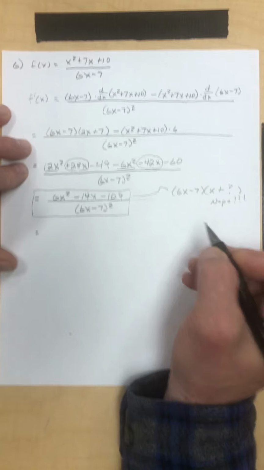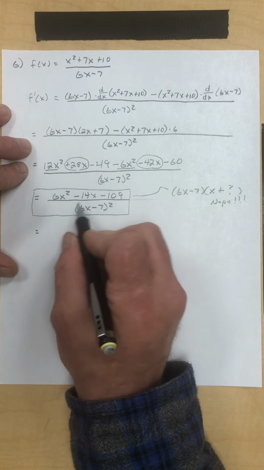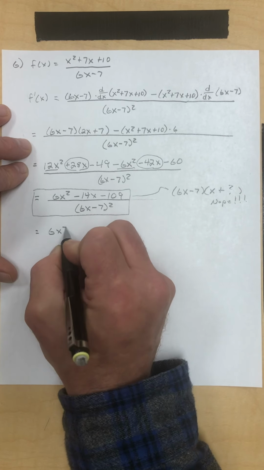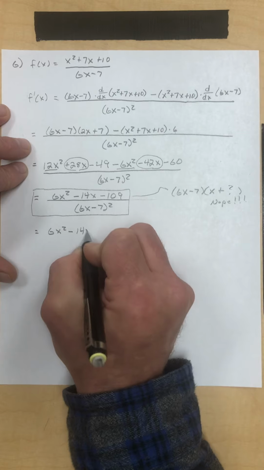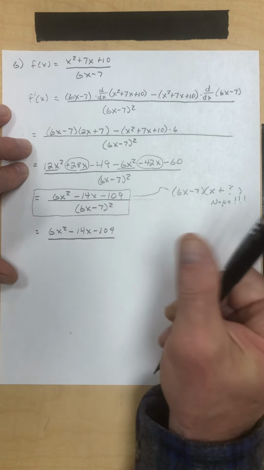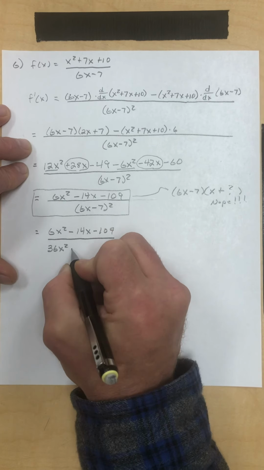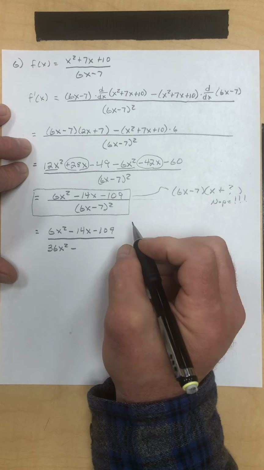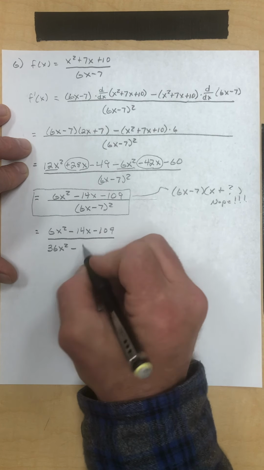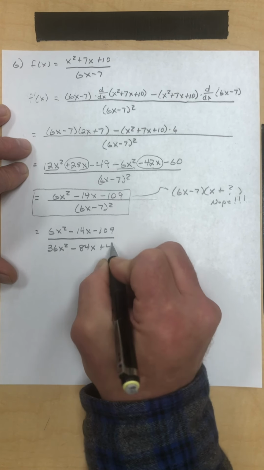Okay, somebody might expand the denominator, so they might write it as 6x squared minus 14x minus 109. And then if we expand that guy down below, we're going to get 36x squared minus, what would that be? 2 times 6x times 7, so that's 2 times 42, 84x plus 49.